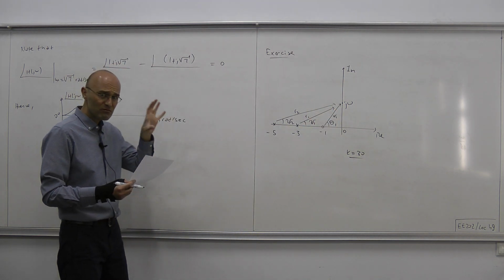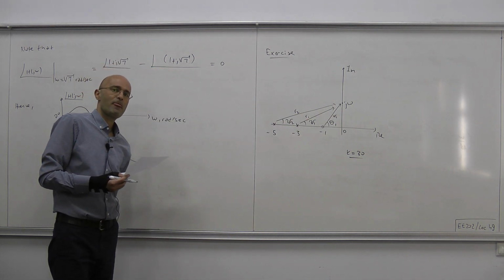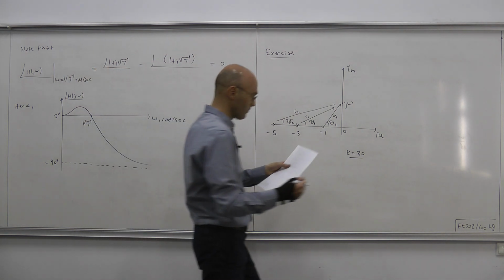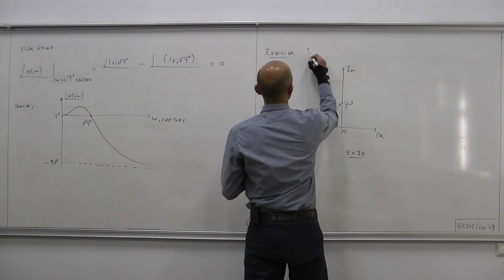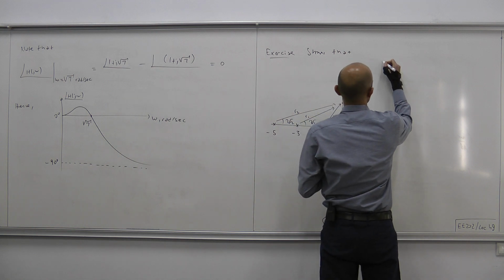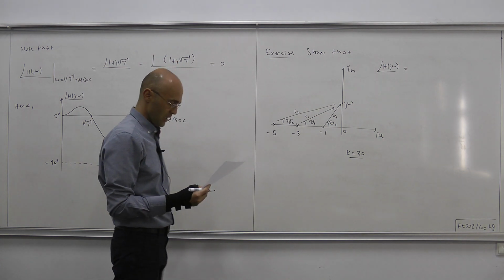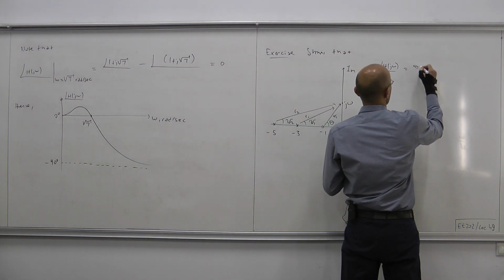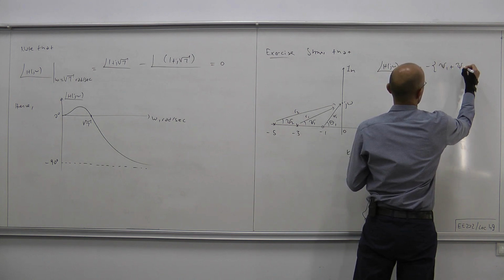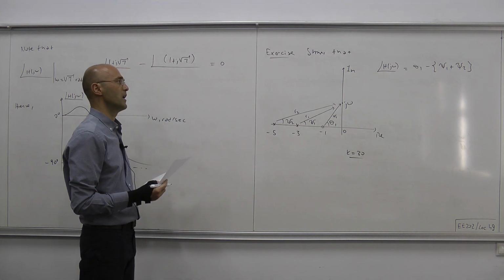Now, the link between the pole zero diagram and the gain and phase functions is the following. It's not difficult to show that the phase of H(j omega) equals theta 1 minus the sum of those two angles, psi 1 minus psi 2.